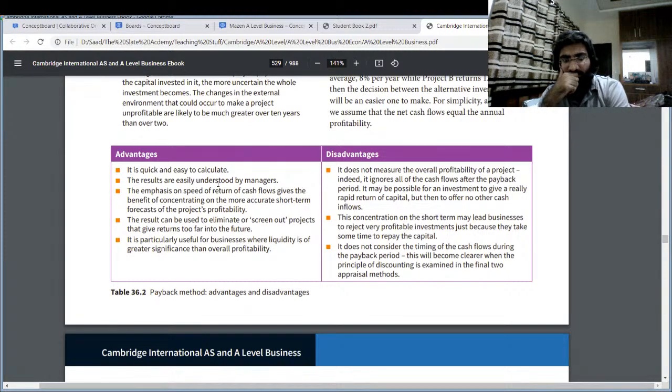Screen out projects, I mean projects which you are not going to pursue, that you can discard or not pursue any further. For example, the money that you want to invest may be available for only a short period of time, and then it will get invested elsewhere.